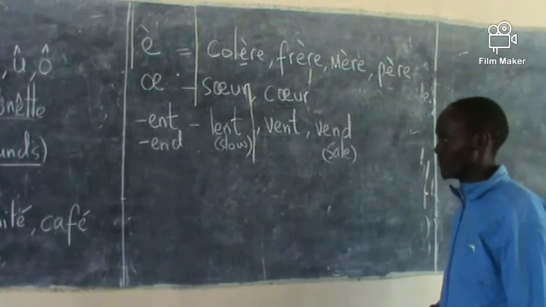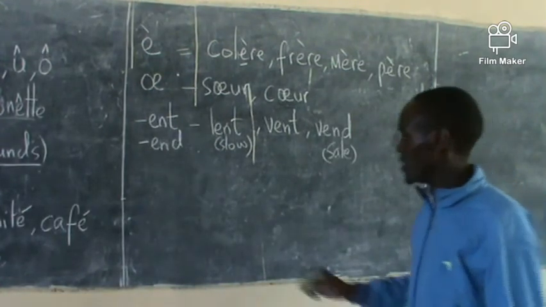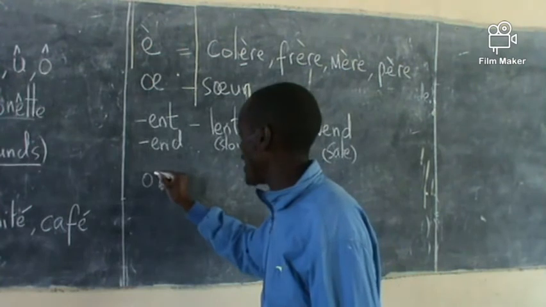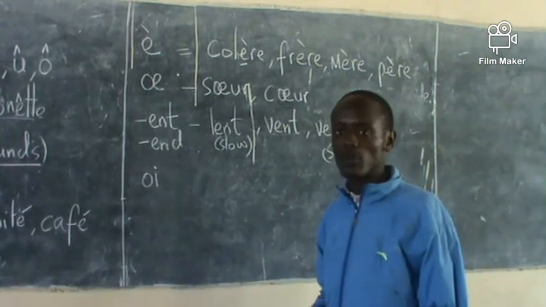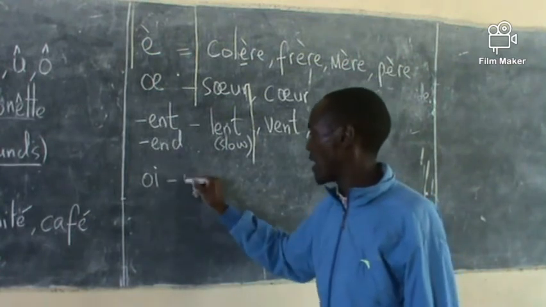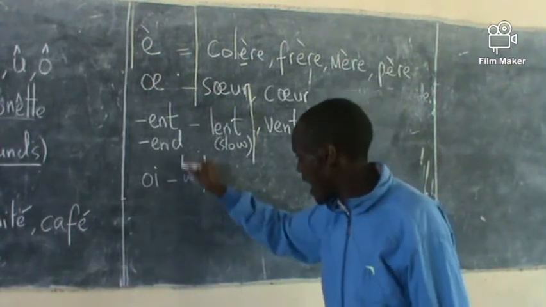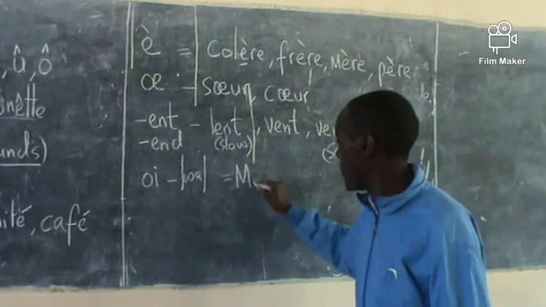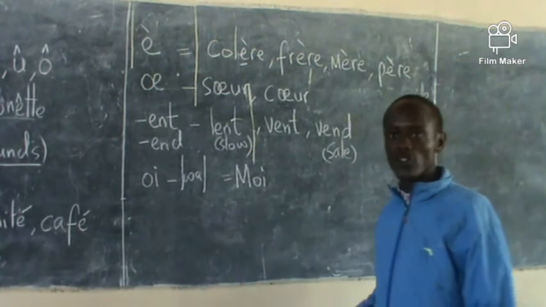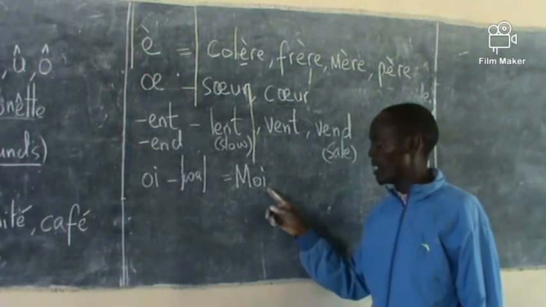and so on. The other sound is when you have O-I. O-I, that combination, is pronounced as wa. For example, when you see something like M-O-I, don't think it is the retired president Moi.